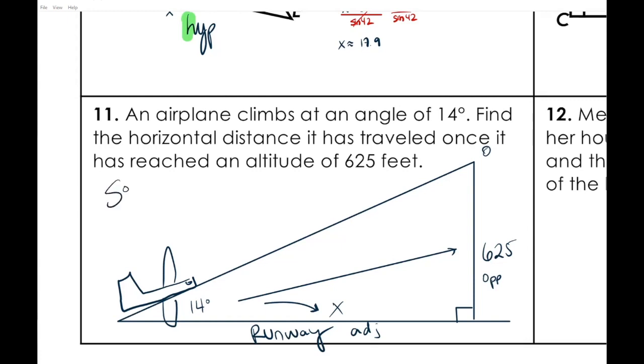So we're going to write our trig function. So, SOH CAH TOA. We have opposite, we have adjacent, we have an O and an A, which means we're using tangent.